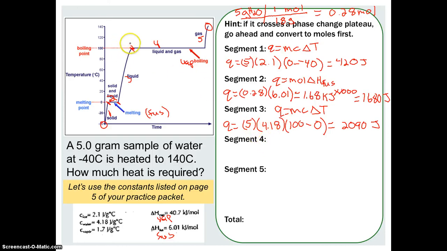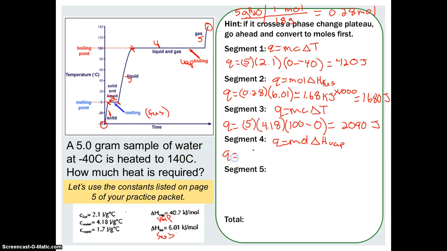All right, 2 more segments to go. Segment 4. Now I'm a liquid becoming a gas, with no change in temperature. Q equals mole times delta H. And here, boiling, I use the delta H of vaporization. Now plug it in.